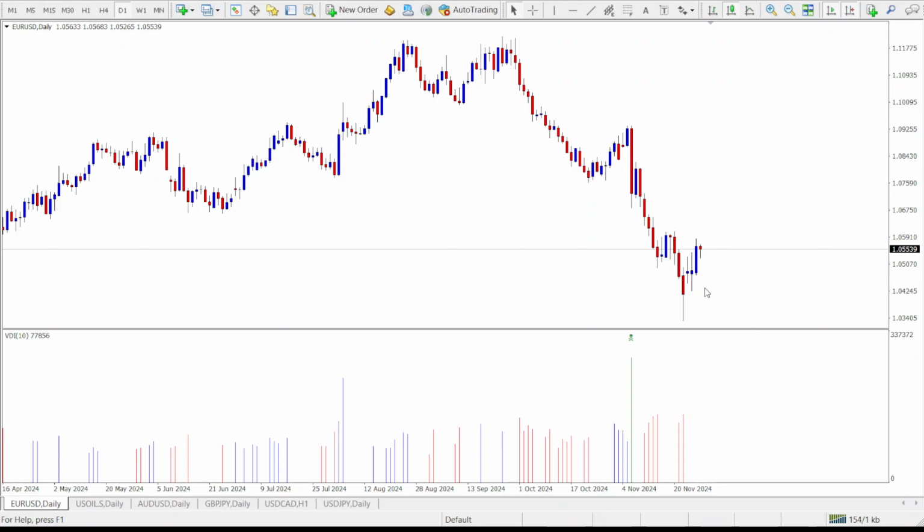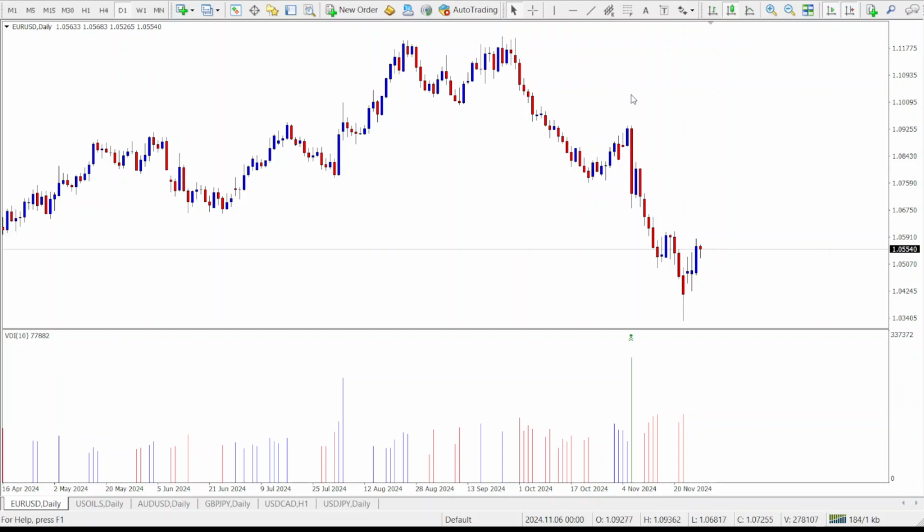For example, a bearish divergence arises when prices form lower highs while bearish volume increases. In such a situation, it signals a potential downside momentum. So when you have an increase in bearish volume, for example these red bars, but the prices have not yet reflected that bearish tendency, then there's a chance of you having a reversal.